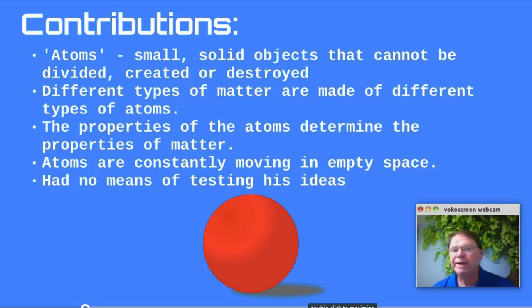They can't be created, they can't be divided, they can't be destroyed, they're just there. And different types of matter are made up of different types of atoms. The properties of the materials that you see every day, well, that's because these particles give them their particular properties. And they're also constantly moving.